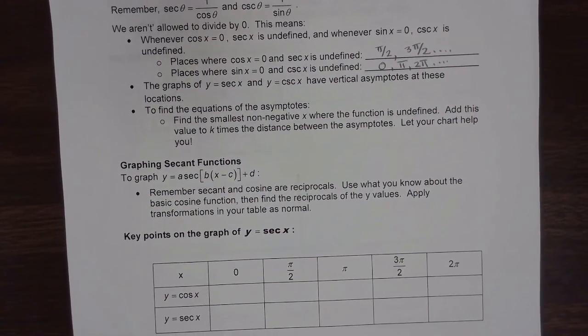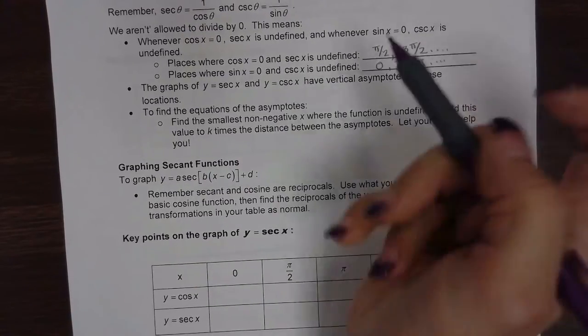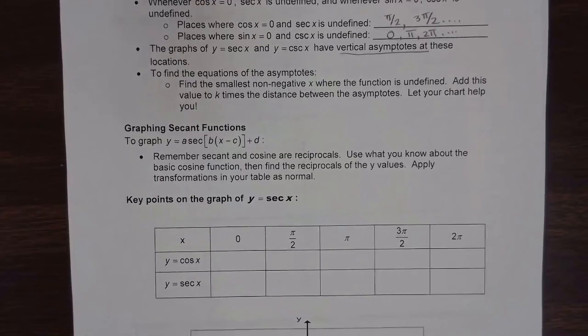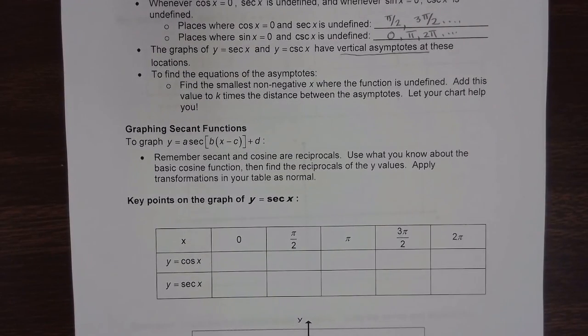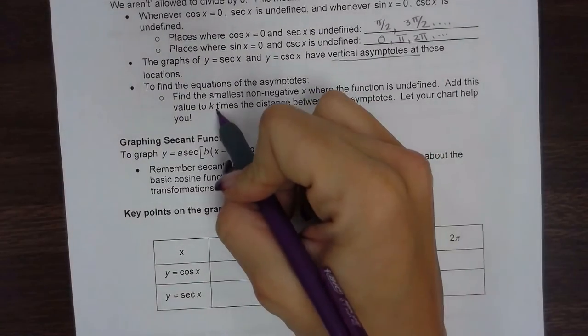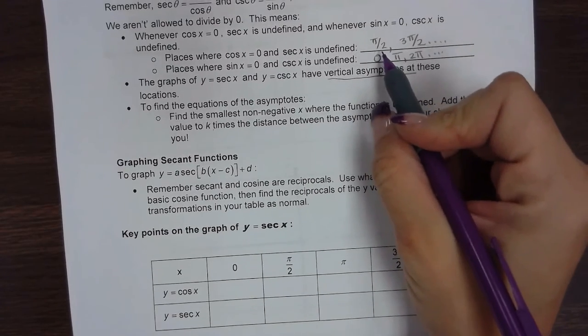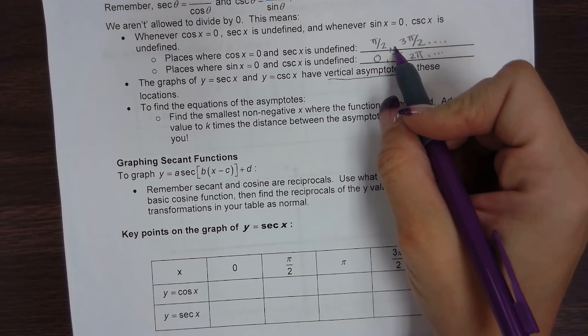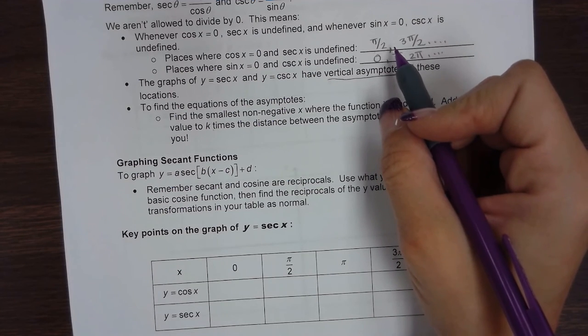So that means that where it's undefined is a vertical asymptote. We can find the equations of vertical asymptotes by putting k. So for cosine it's going to be pi over 2 plus pi k.